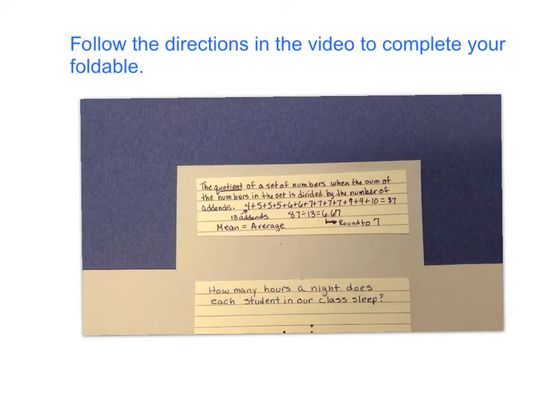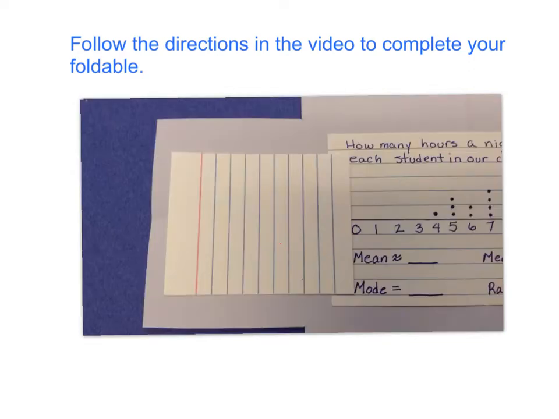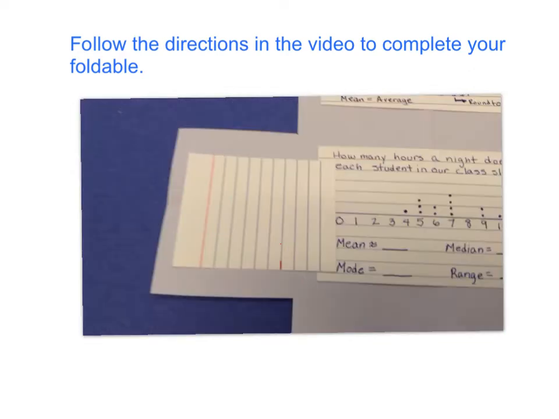Now we're going to move to the side, and you'll see that the cards that are cut vertically are a little bit too long for the side panels, so you'll need to cut them off a little bit at the bottom, and you'll see how that's done.